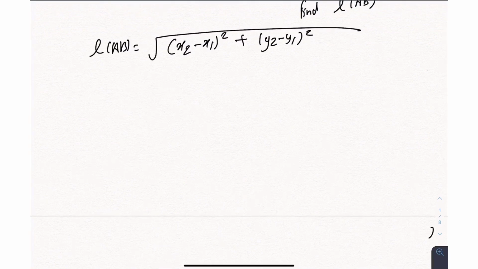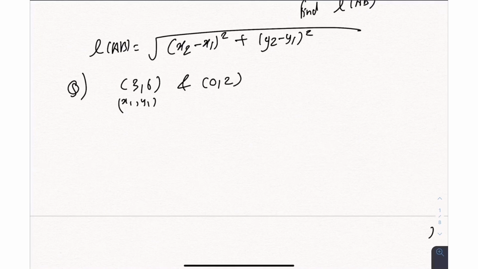The first question that we're going to solve is: find the distance between the points 3, 6 and 0, 2. So this will act as x1, y1, x2, y2.